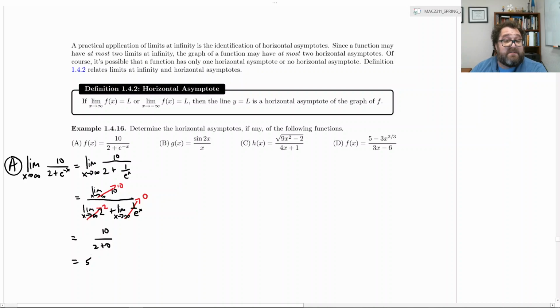We get a finite answer. So the limit is equal to 5, and since we got a finite answer, that tells us that y equals 5 is a horizontal asymptote.